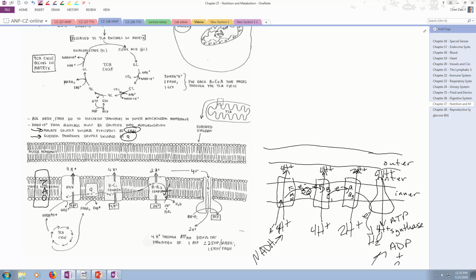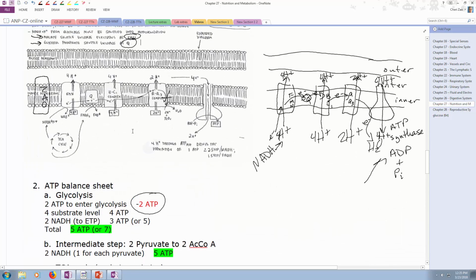So you'll end up, because you lost 4, instead of 2.5, you'll get 1.5 ATP out of that process. In other words, it's acting like it was FADH if you use a glycerol phosphate shuttle.